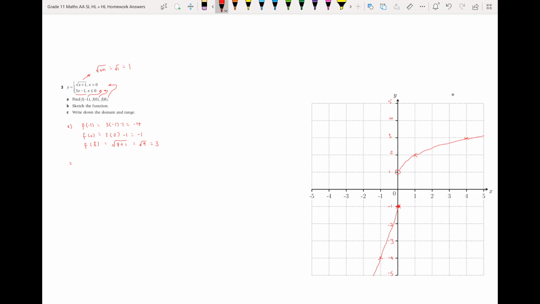And just like before, the domain covers all the real numbers. This time the range has a gap, so we have everything that is less than or equal to -1. And then we have things that are strictly greater than 1, starting from the positive piece.